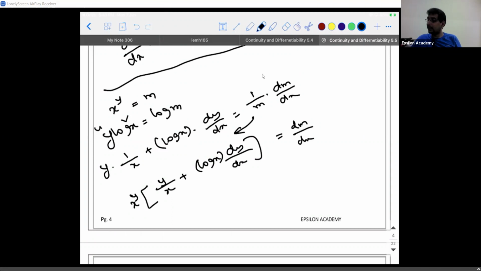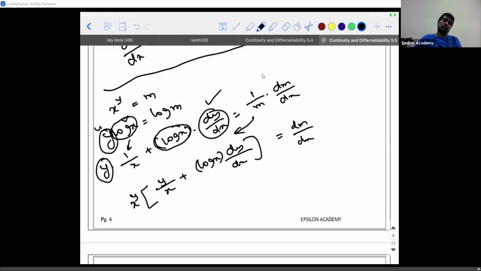So why dy by dx came: u into v dash, derivative of log x is 1 by x, plus v, that is log x, into derivative of y is dy by dx only, no? That is why dy by dx came. Derivative of x with respect to x is 1, but the derivative of y with respect to x is not 1.